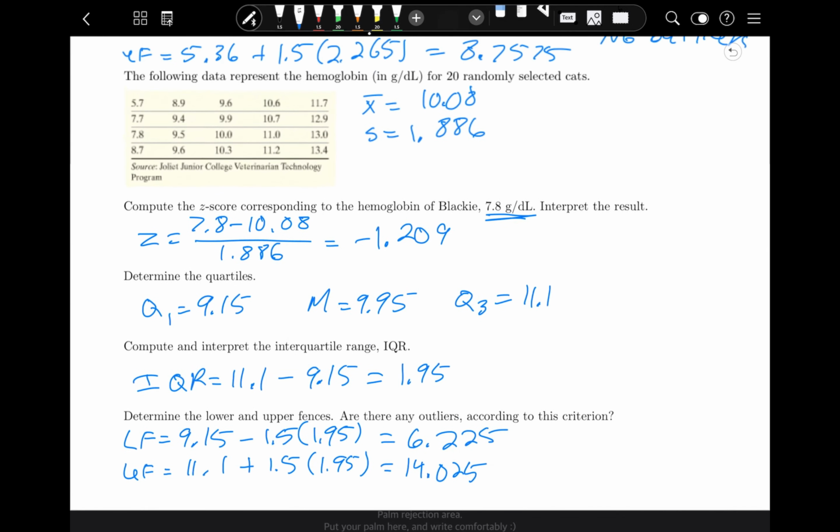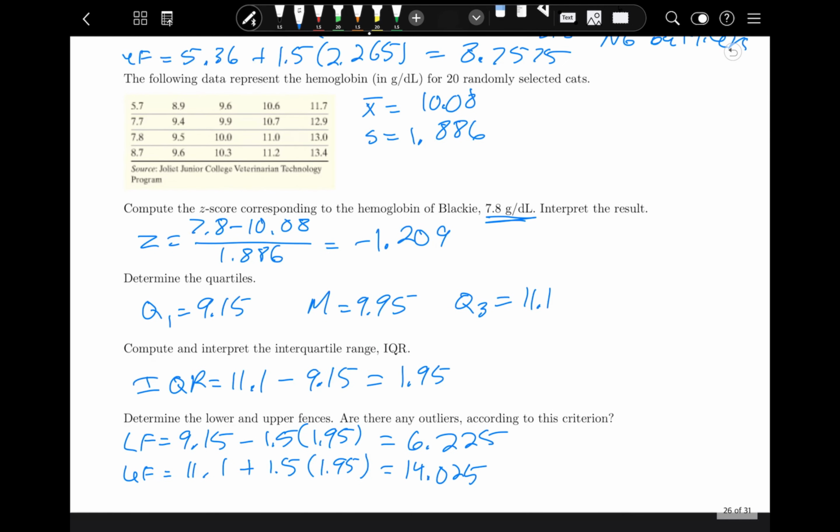And so now we go up to our list, and we see, are there any data points that are not between those two numbers? And in fact, 5.7 is not between those numbers, so 5.7 is an outlier.